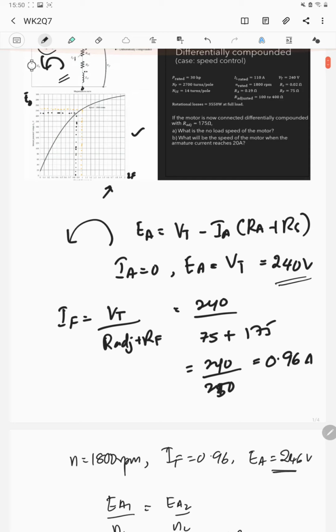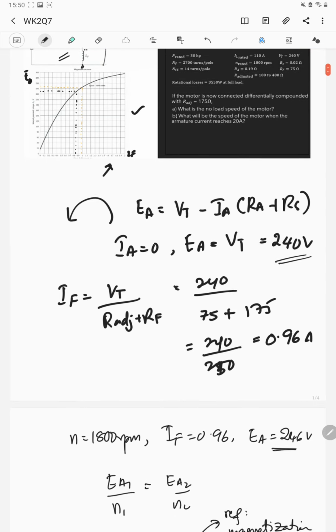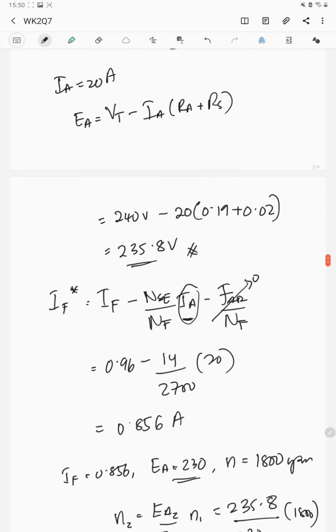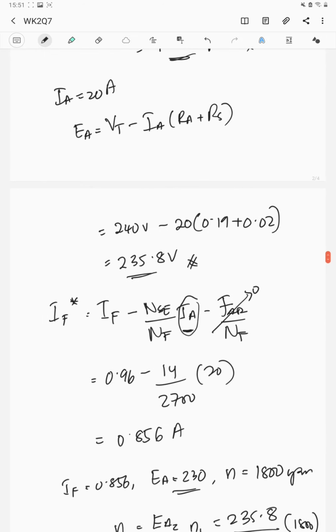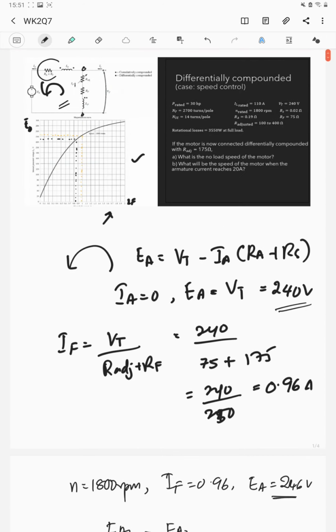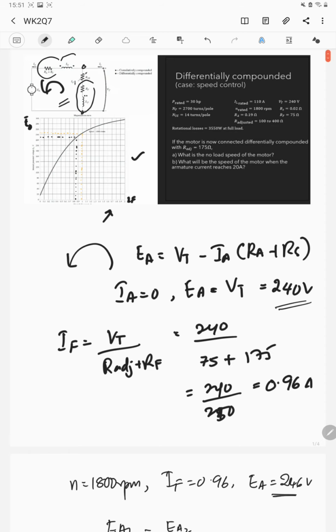And when you are trying to drive the load with the differentially compounded motor, the speed actually increases instead of decreases. This is because in a differentially compounded DC motor, the shunt magnetomotive force, supplied by the field circuit, and the series magnetomotive force, which is in series with the armature circuit, subtract from each other.